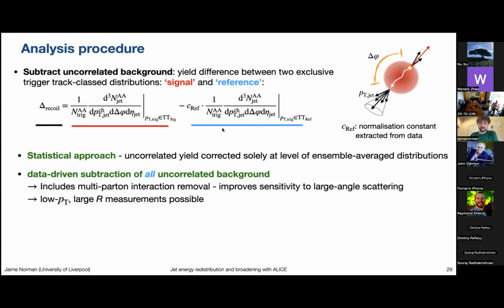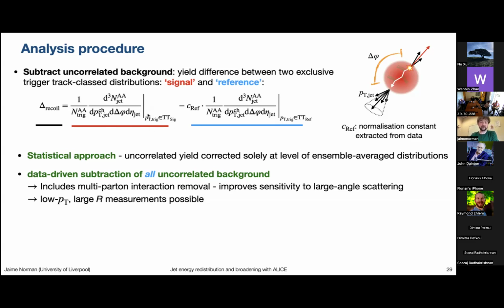The reference distribution is scaled by a normalization constant extracted from data to ensure that the uncorrelated background component is consistent between the two distributions. By definition, the uncorrelated background component is uncorrelated with the trigger track pT.